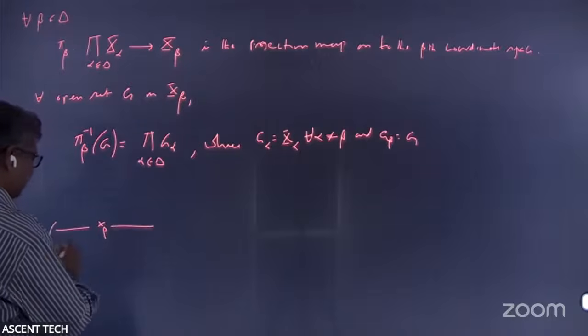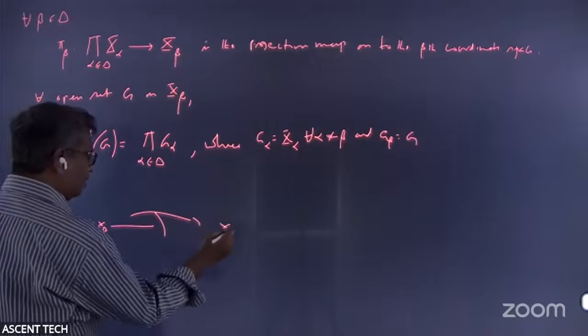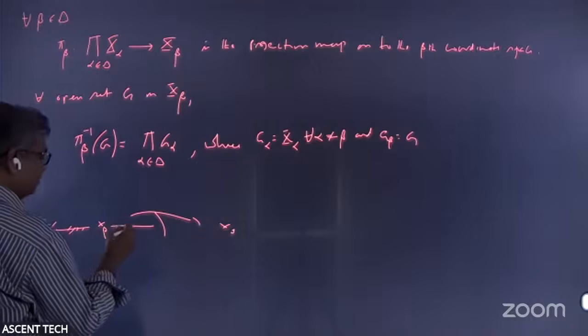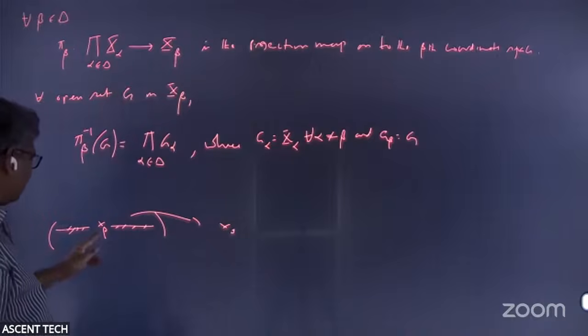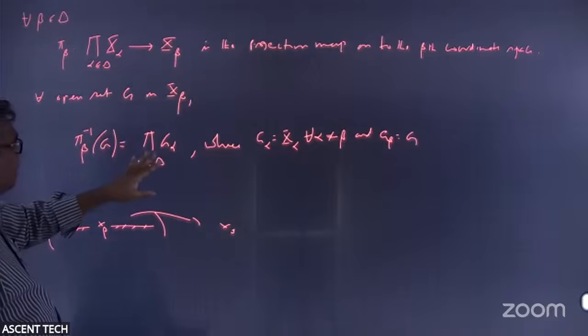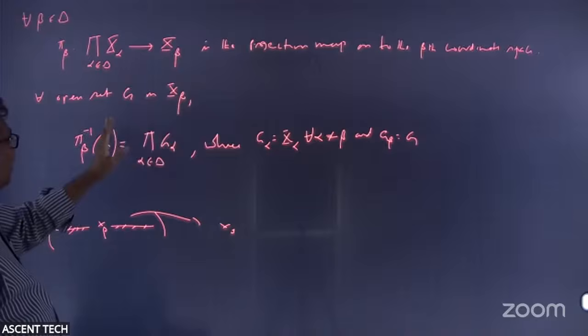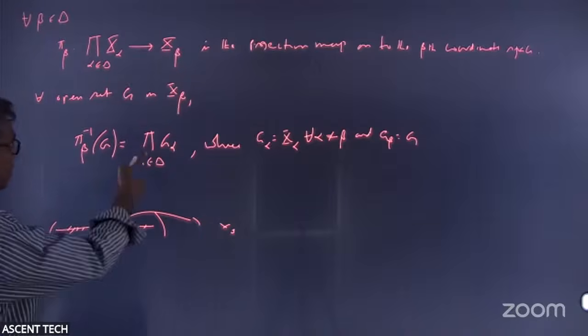Everywhere else, whatever it is, where will this project go? Only to x beta. So what I can keep is anything I can keep here. So when you invert, x beta comes, and all the others can be anything. So that's why pi inverse G is nothing but, in the beta component put G, everywhere else you put the full spaces. And that is a basic open set.